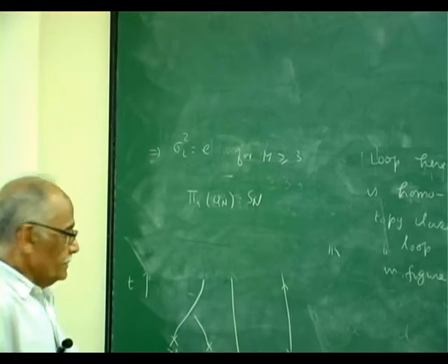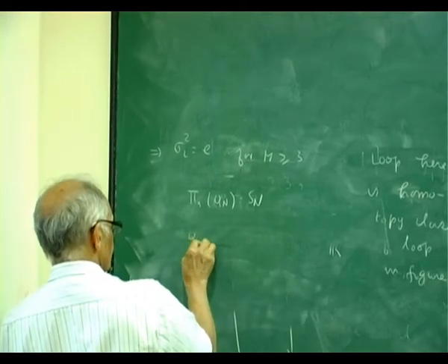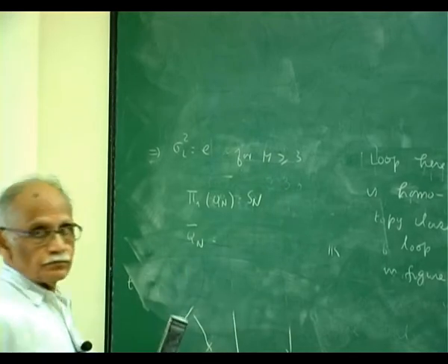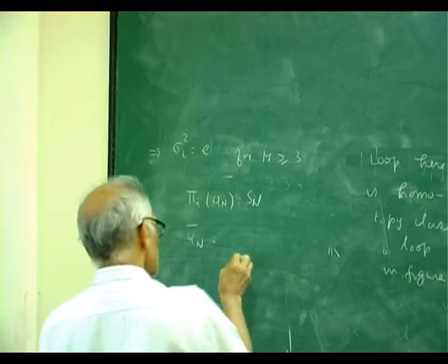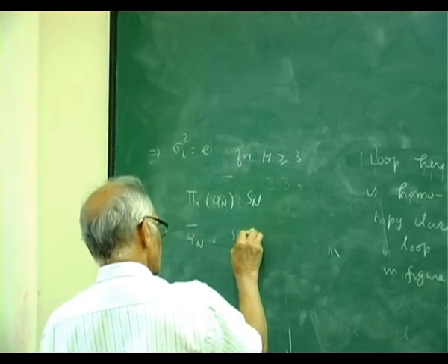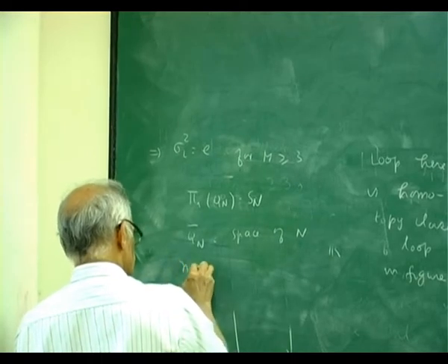The universal covering group, Q bar: what is Q bar n? The covering space is simply the space of n non-identical particles.